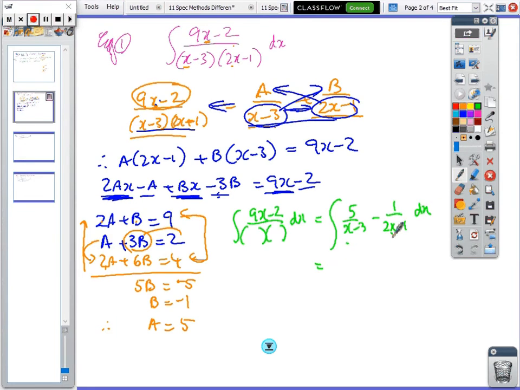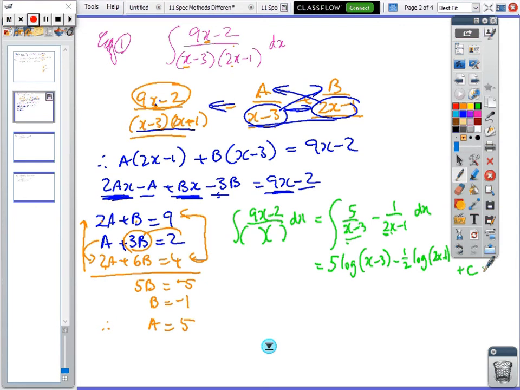And then these are both going to be log functions. So the first one, the derivative is 1, so I've got 5 log to base e. And the derivative of 2x is 2, so I've got minus a half log 2x minus 1, plus c.